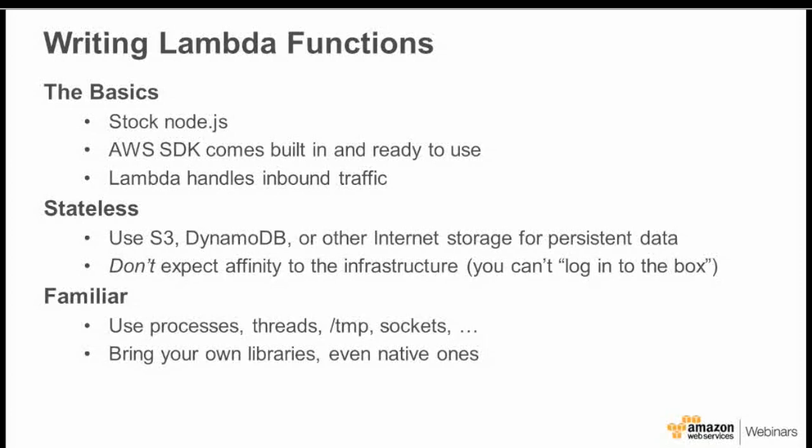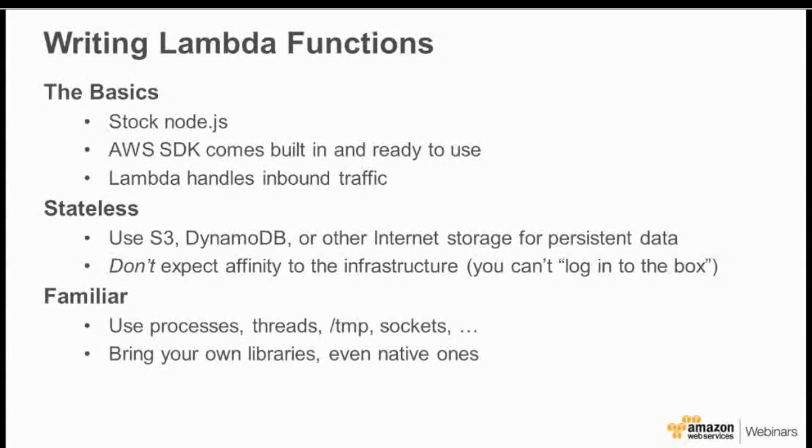Now, the programming model is what we call stateless, and we really mean two things by that. First of all, there's no storage model associated with Lambda itself. So Lambda doesn't keep your data around. Instead, you use S3, Dynamo, or any other internet storage mechanism that you want if you need to have persistent data. In our simple demo, we were just doing a round trip.